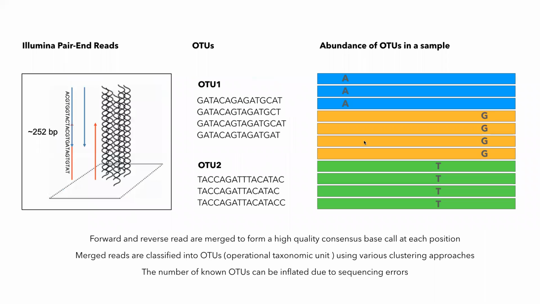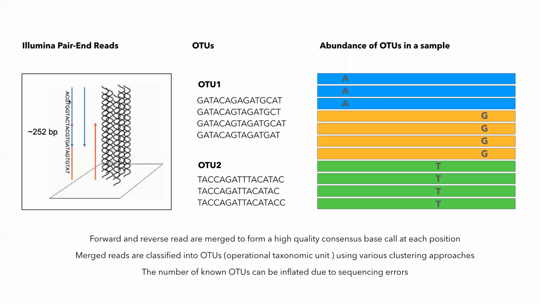Now, whenever the sequencing itself happens, whenever we talk about Illumina shotgun sequencing of 16S ribosomal RNA, we would typically use paired end reads. And paired end reads, as you can see right here, this is on the flow cell, they are really sequences of the same element of RNA, shattered RNA, that are read from both sides, from the 5' and the 3' ends.